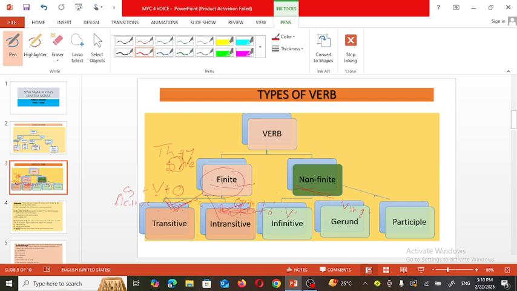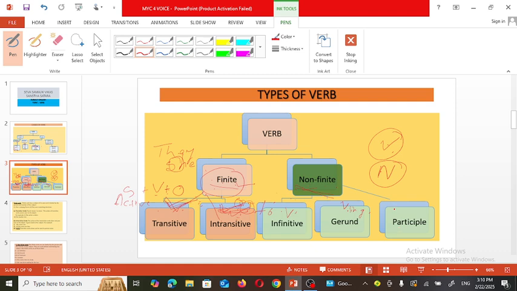The word swimming is verb plus ing, but instead of playing the role of a verb, it is used as a noun in the subject. So that's why swimming is good exercise. In the sentence, swimming is not playing the role of a verb, it is playing the role of a noun, and that's why it is called a gerund.